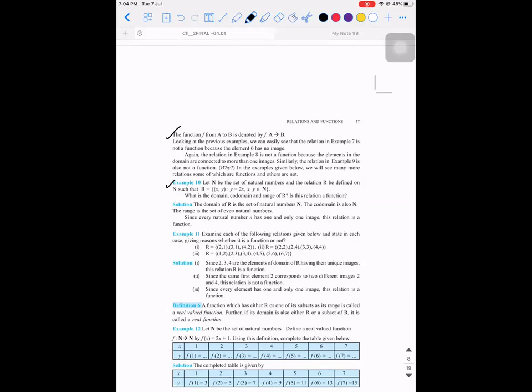Is this relation a function, is what they're asking. So what is the relation R? R is equal to (x, y), where x and y both belong to natural numbers. When x is 1, y is 2. When x is 2, y is 4. 3 and 6. It keeps on going like this. It is an infinite set.